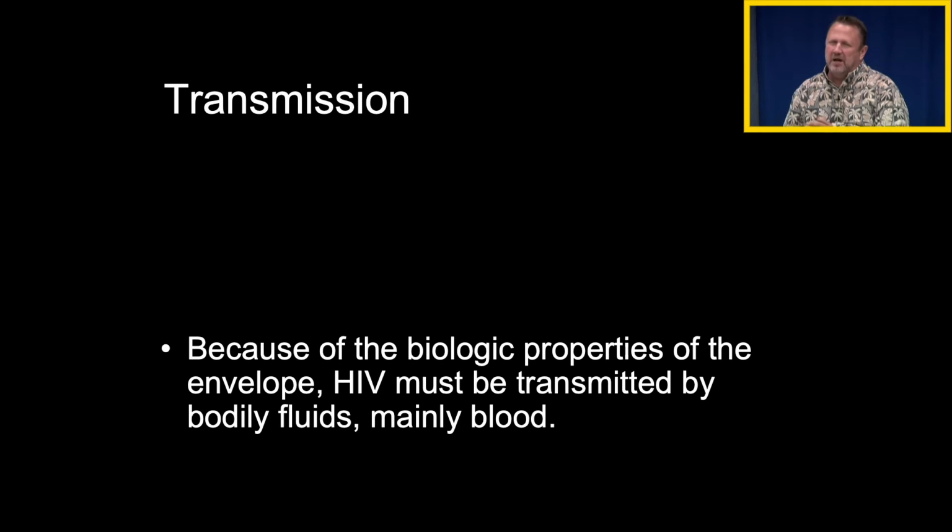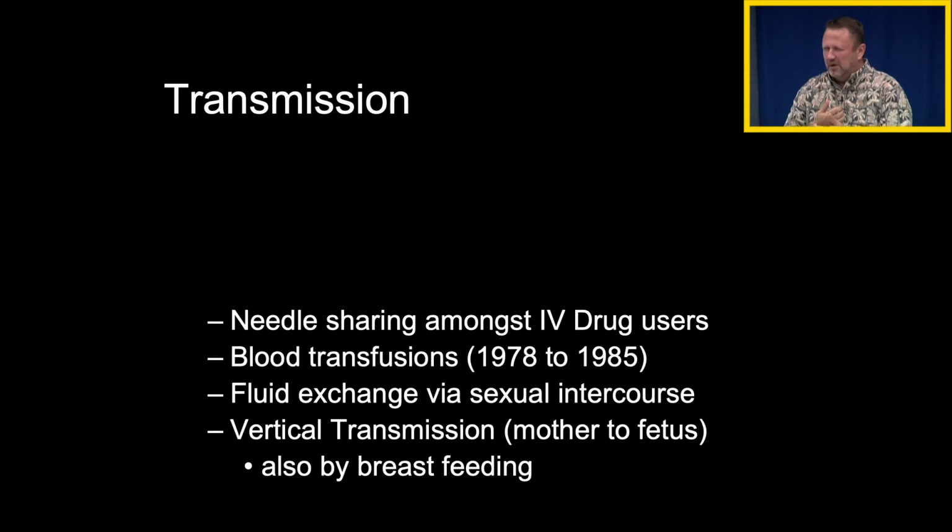All right, so it's the biologic properties of the envelope, that phospholipid bilayer, that HIV must be transmitted by bodily fluids, mainly blood, because that is the place where the phospholipid is able to survive. And so that's why HIV is transmitted through bodily fluids. Needle sharing amongst IV drug users, blood transfusions from the 70s up until 1985, and sexual intercourse.